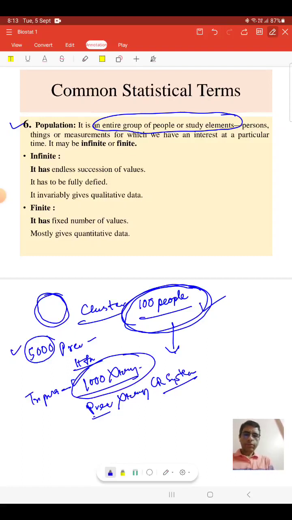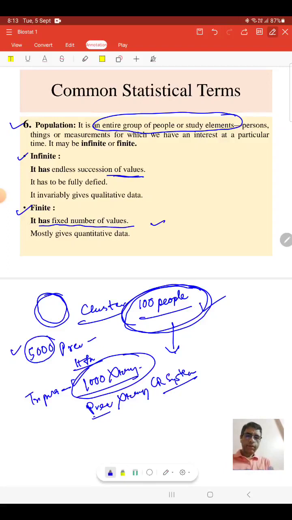Now a population can be finite or infinite. An infinite population has an endless succession of values; it is not defined, so we keep on getting observations and counting them. A finite population has a fixed number of values, so the population is predefined.